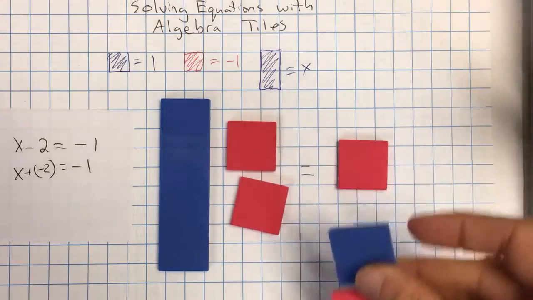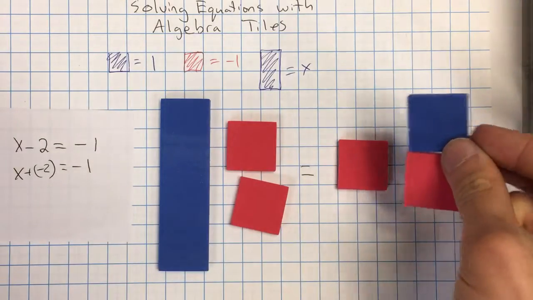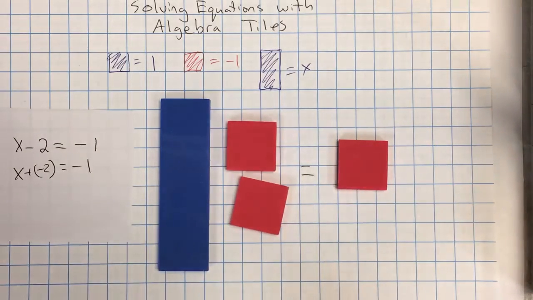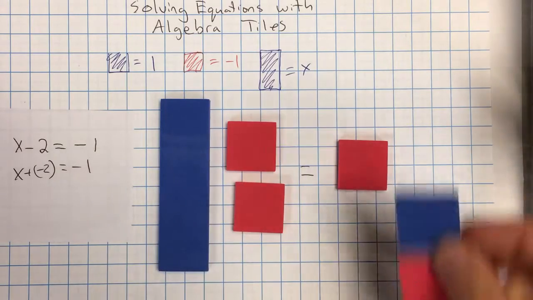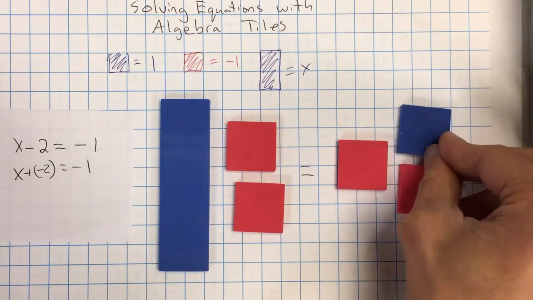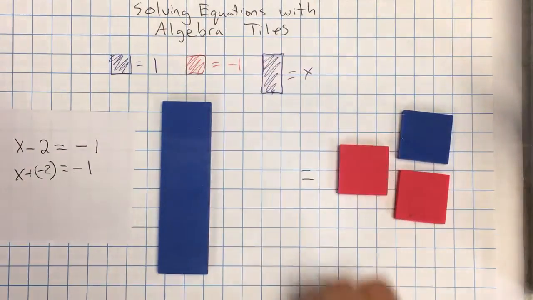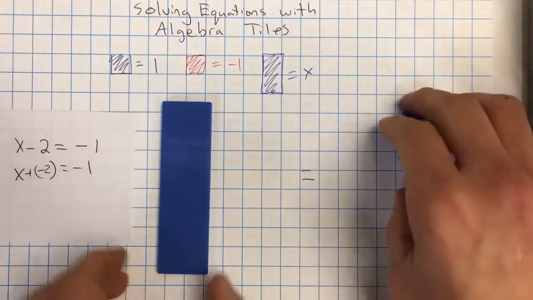When we're thinking about keeping the scale equal, if I add a 0 to a side, that keeps it equal because I'm not really adding or subtracting anything. So if I want to take away 2 of these negatives, I could add a pair over here. Now if I remove 2 from this side, my scale is not equal, so I will also remove 2 from this side, and I get an answer.